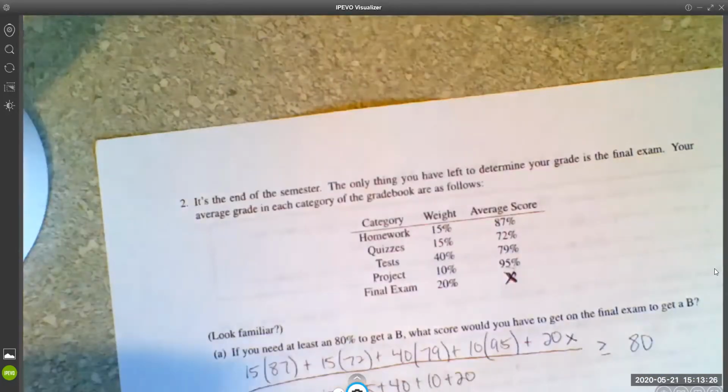Oh, this should be 100, right? 15 plus 15 plus 40 plus 10 plus 20 is 100. Yep.